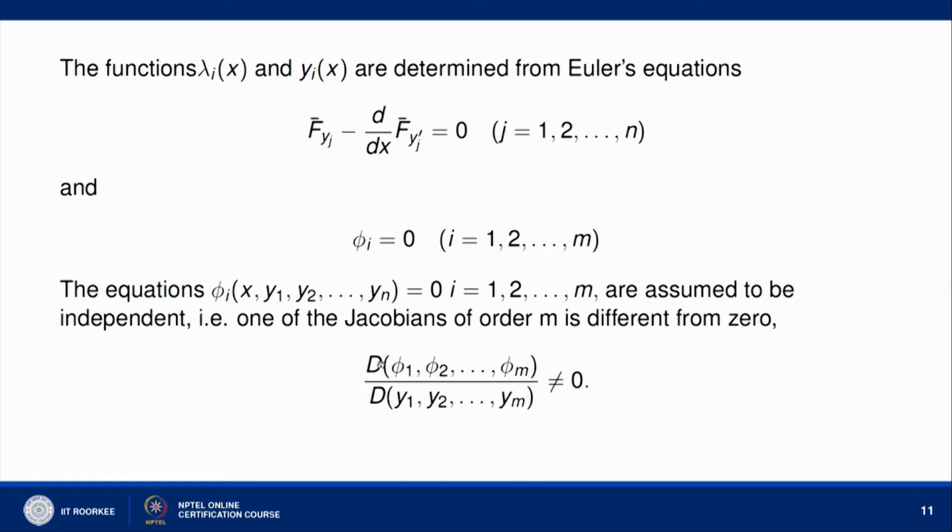We can say that the Jacobian of phi 1 to phi m with respect to some variables y1 to ym is not equal to 0. Here we are renumbering the variables so that we can assume this, without loss of generality.